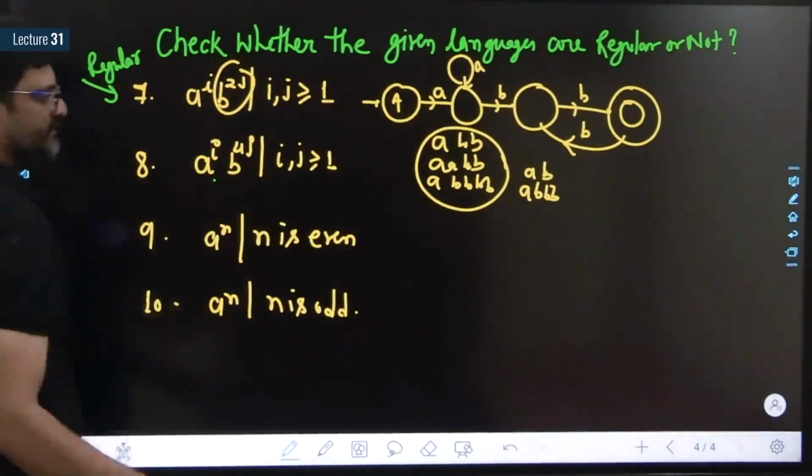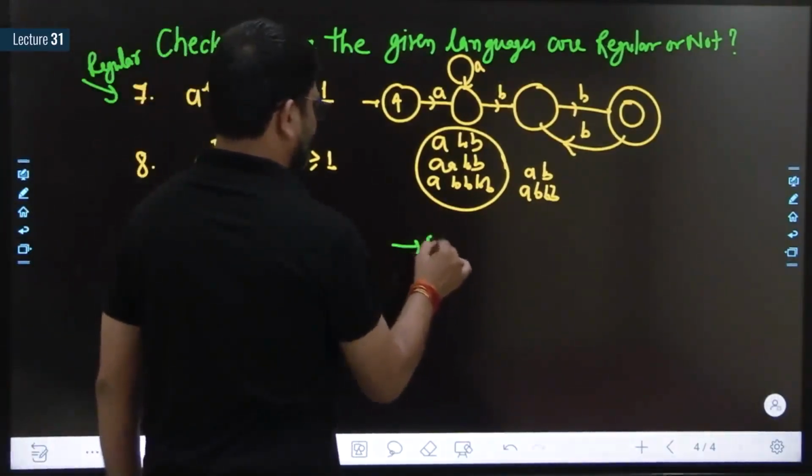Same for this one. This is the finite automata for this.